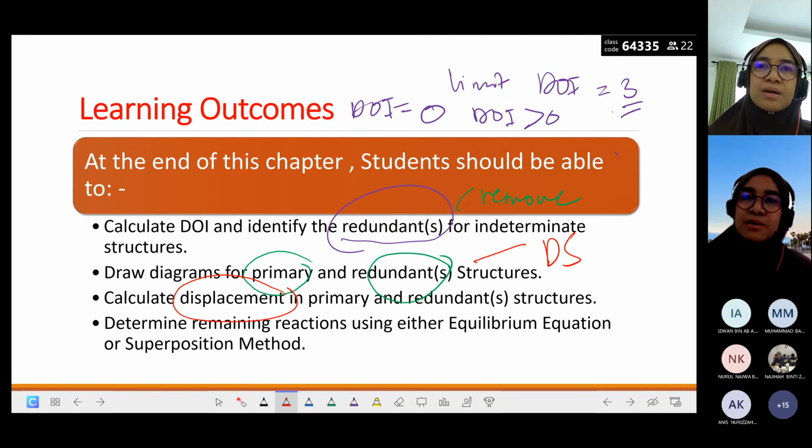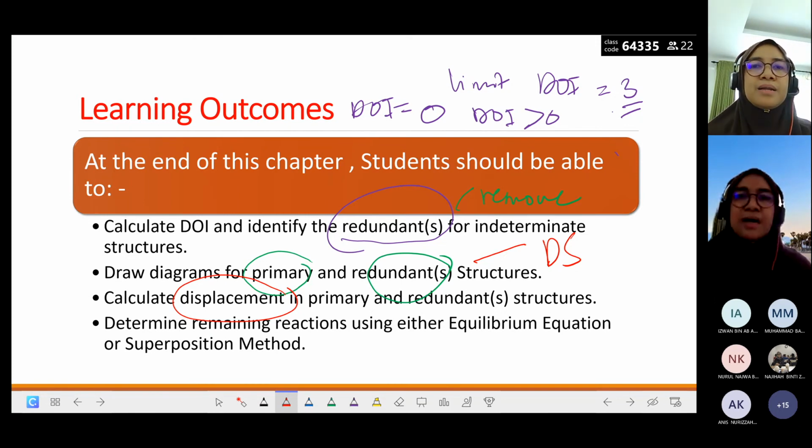We identify redundant in order to determine its value, and we need to remove the redundant. The structures after removing redundant are both determinate structures, and for determinate structures we can calculate the displacement.